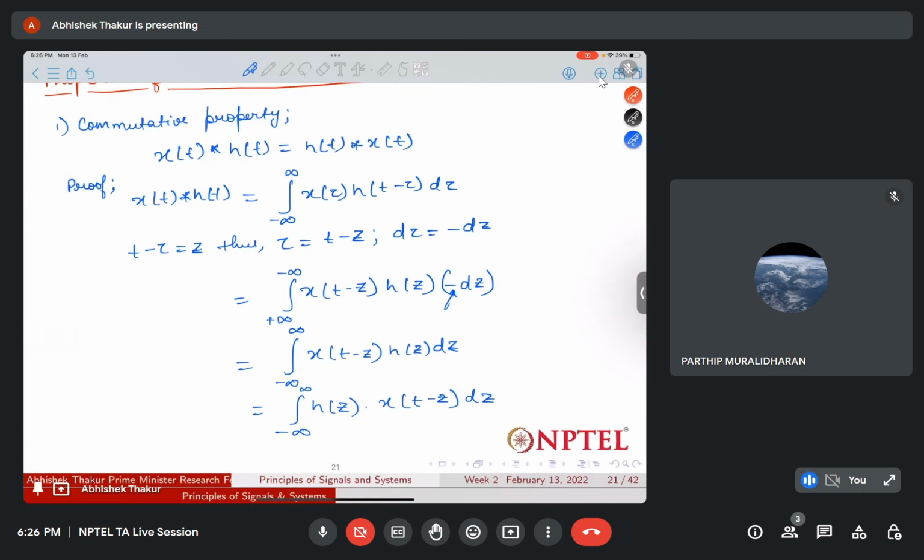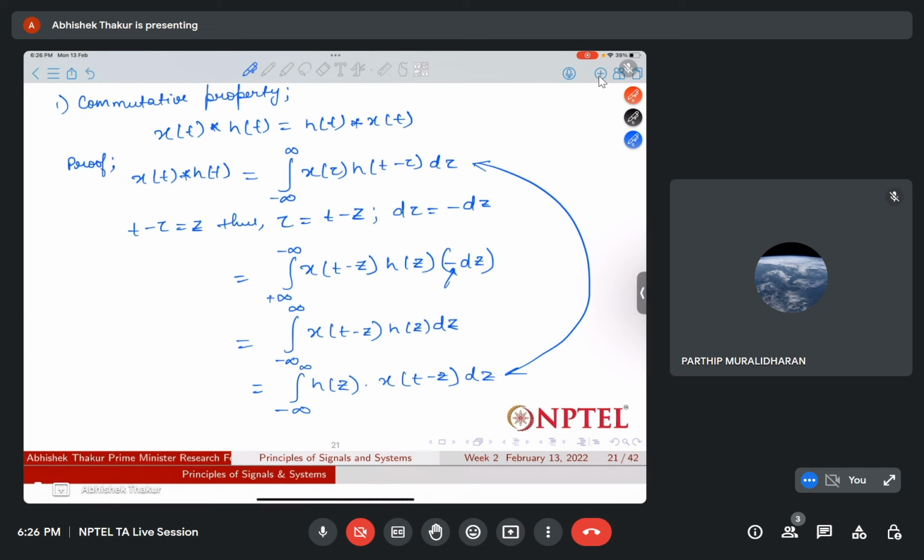Now when you equate these two: when it is written as x(tau) h(t minus tau), we write it as x(t) convolution h(t). Here it is written h(z) into x(t minus z), so this is h(t) convolution x(t).